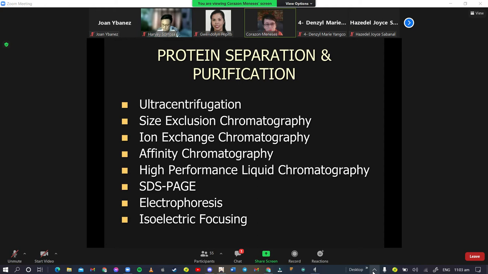Now SDS-PAGE, sodium dodecyl sulfate. The last E is what? Electrophoresis. Do not be misled by the last E, which stands for electrophoresis, because this is not based on charge. This is based on size.